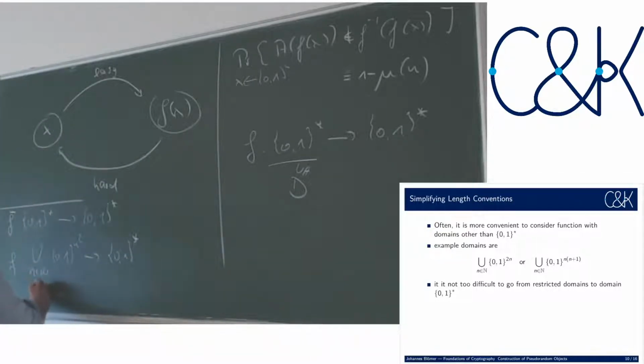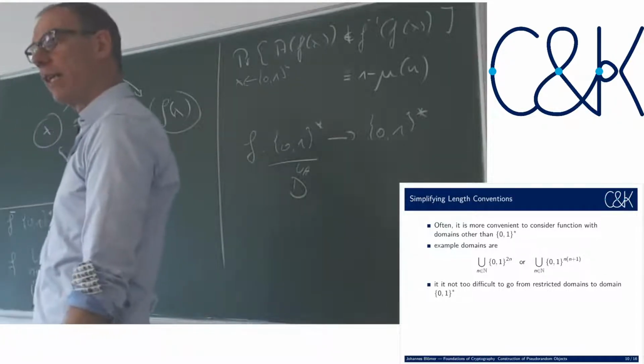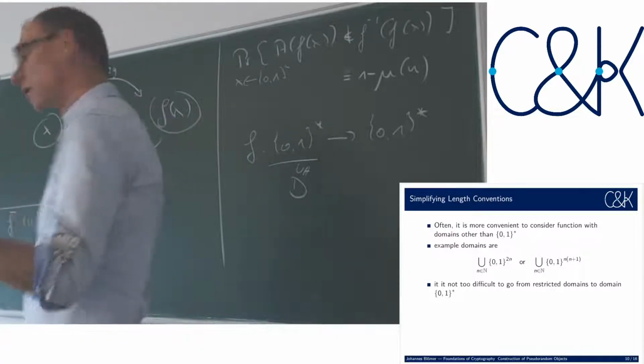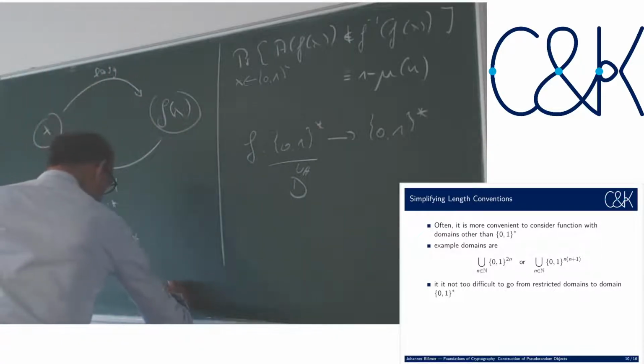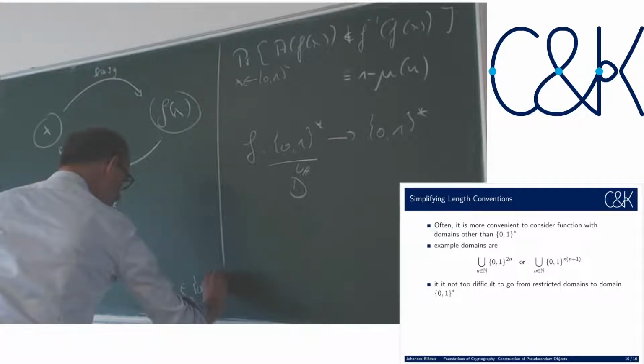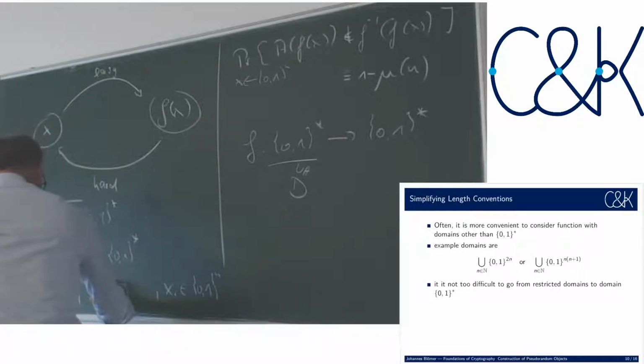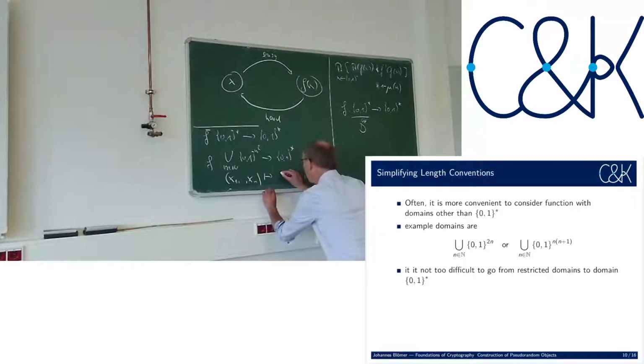You take a pre-image that consists of n bit strings, each of length n, and you map it to f bar of x1 up to f bar of xn.